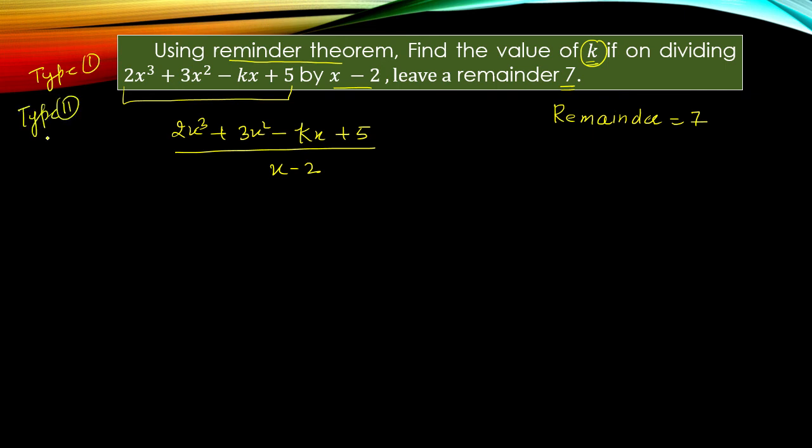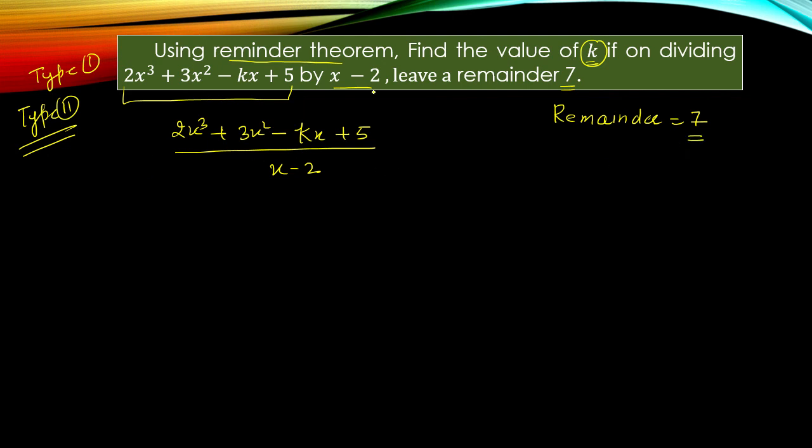Type 2 questions are those where something is missing in the dividend or divisor, and we have to get that missing constant. To get the constant, something should be given, so the remainder is given. This is the second type of question.